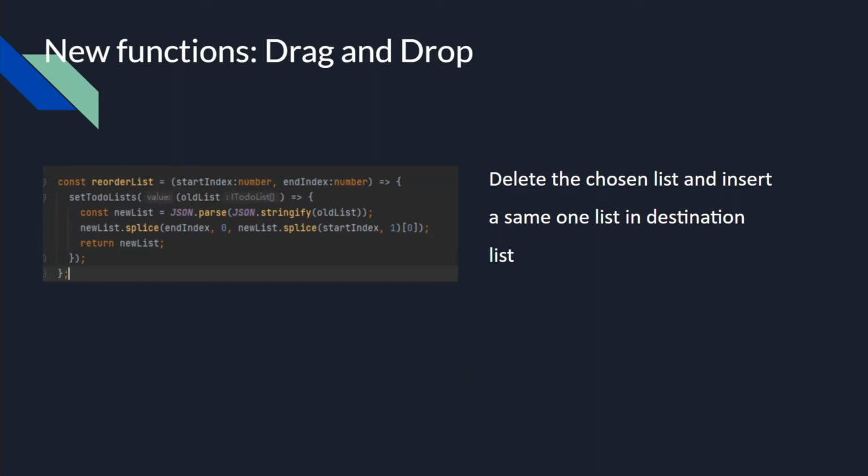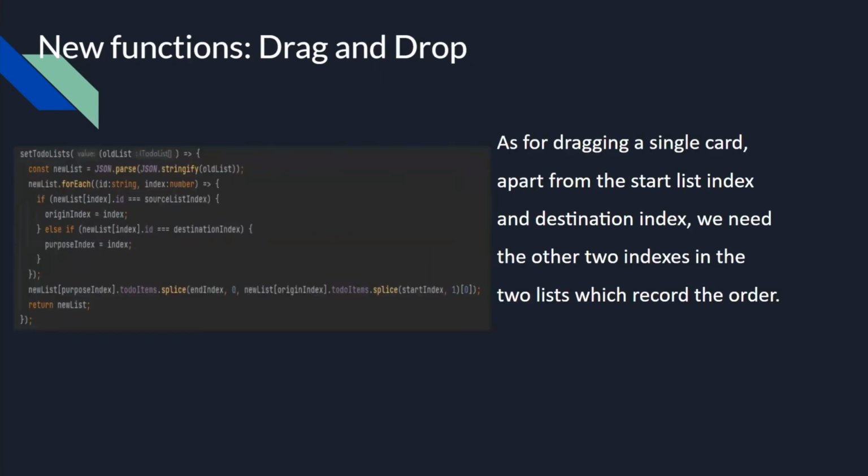As for dragging a task, it may be a little complex because we are operating a two-dimensional array. We should know not only the index of the original list and the destination list, but also the order of the task in the original list and where I want to put it.